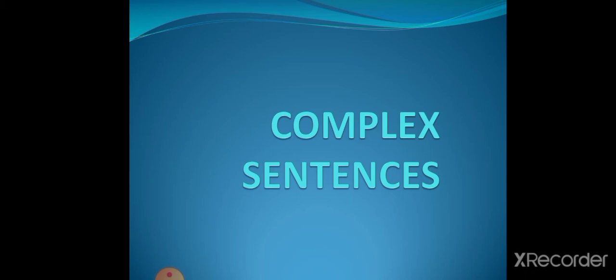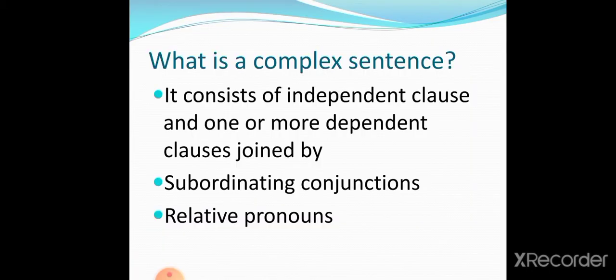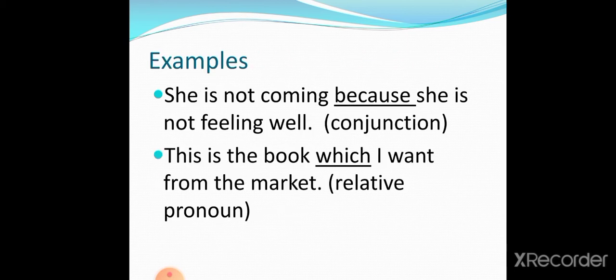So let us see what are the complex sentences. It consists of an independent clause and one or more dependent clauses joined by subordinate conjunctions or relative pronouns. For example, she is not coming because she is not feeling well.